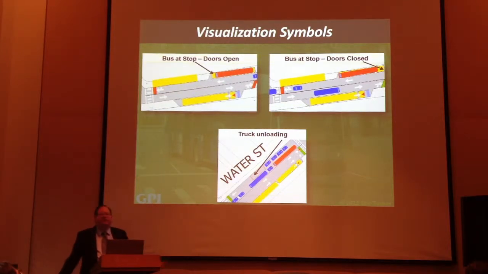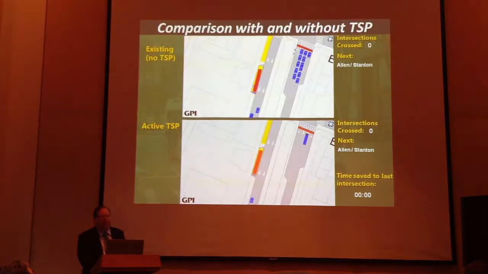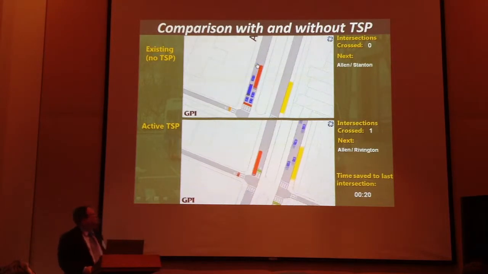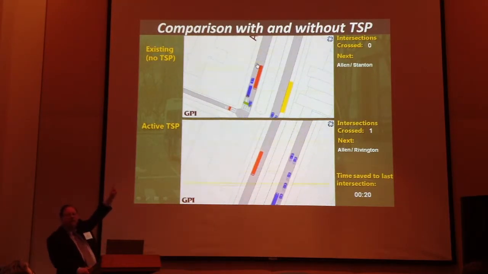Opening the door for the passengers kills the TSP call. It stops calling to extend the green when the bus can't use it. When the bus closes the door, the bus will move forward a little bit in the animation, and you will see that the yellow bar is behind the bus, not in front.